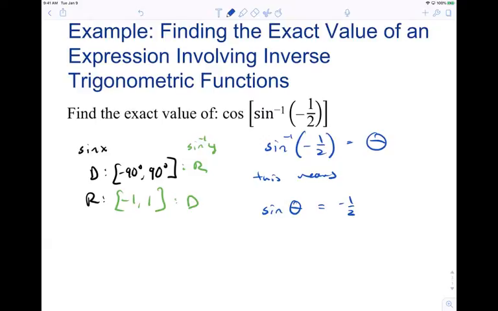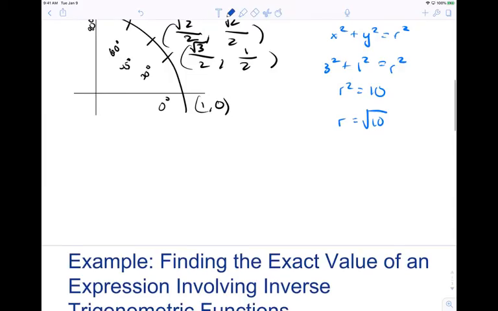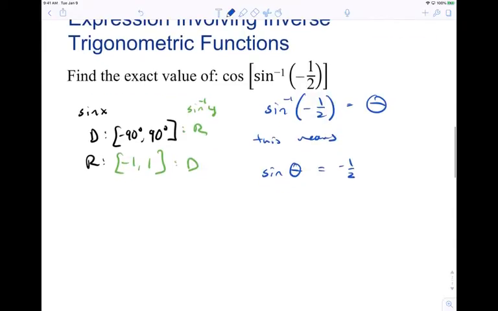Oh, you said 30, right? From the unit circle? That's a half. So if we're 30 degrees away from the x-axis in quadrant 4, theta should be equal to what? You said 30 degrees, but remember it has to be between negative 90 and 90.